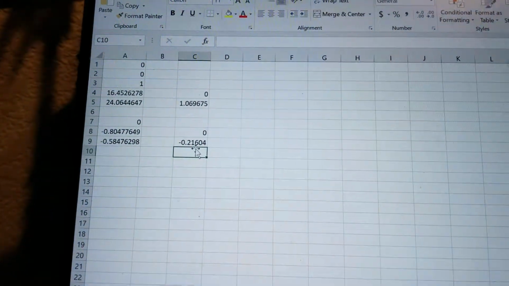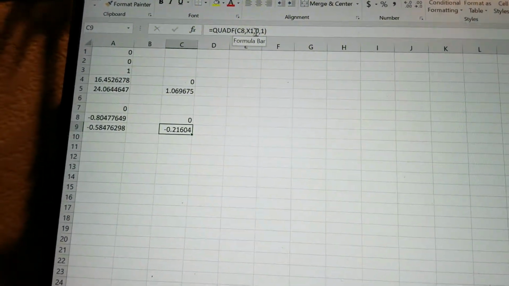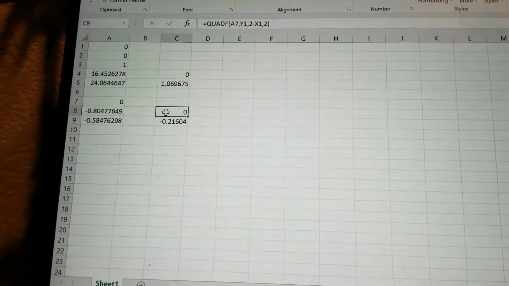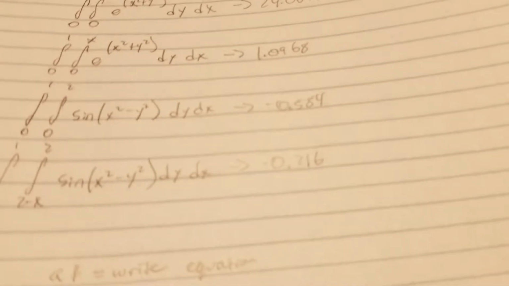So QuadF from 0 to 1 in terms of x. And then C8 was just the y term. And it went negative 0.21 and this is negative 0.216.